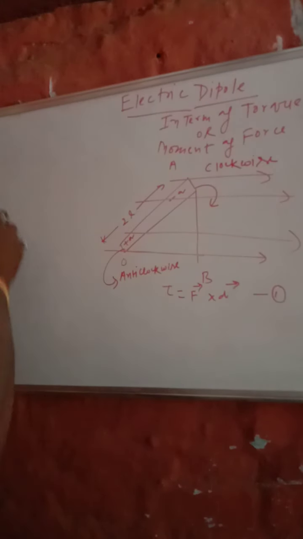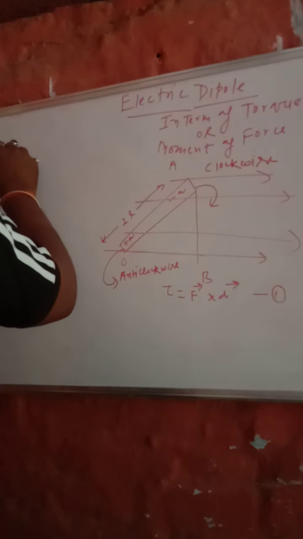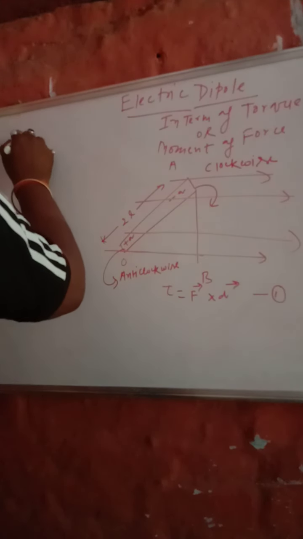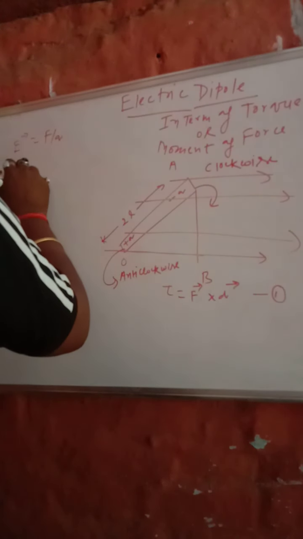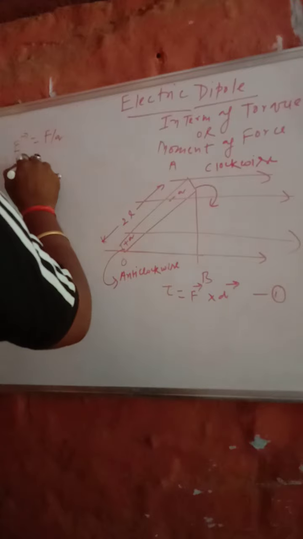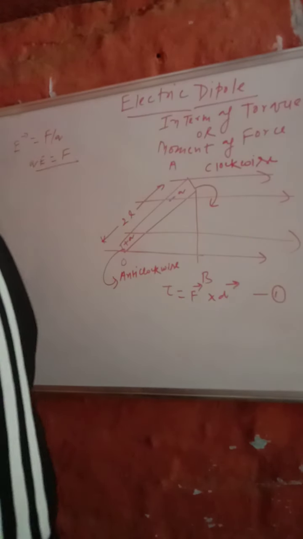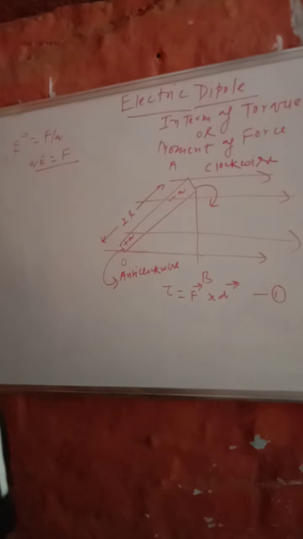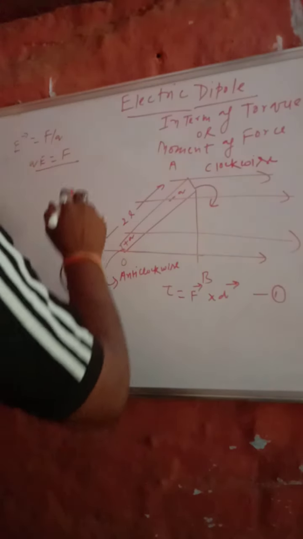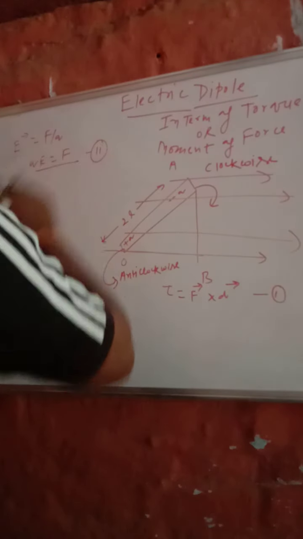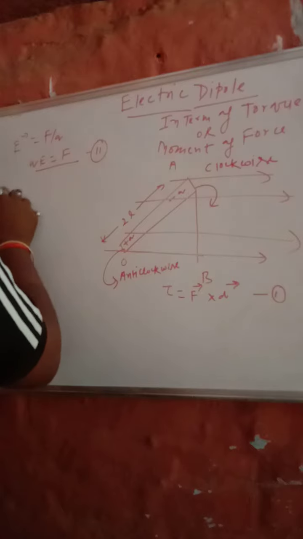We know that the relation of electric field E is equal to vector F upon Q. Therefore, F is equal to QE, equation number second. Now we put the value of F from equation second into equation first.